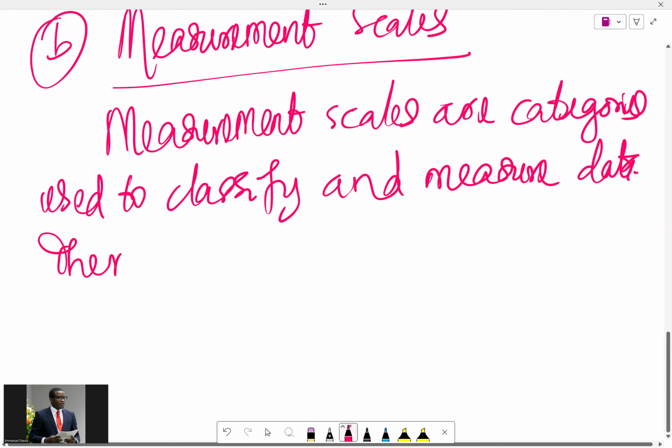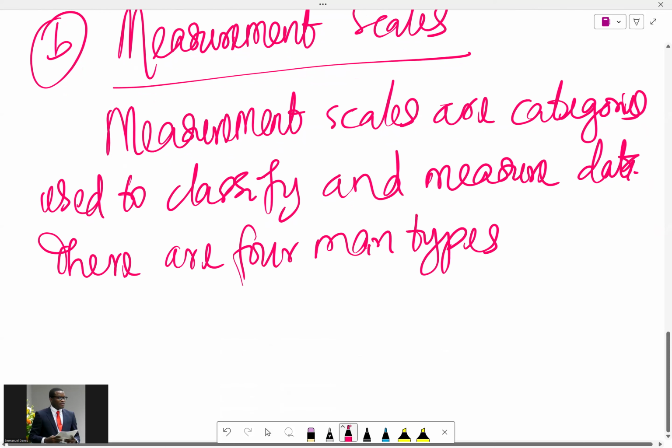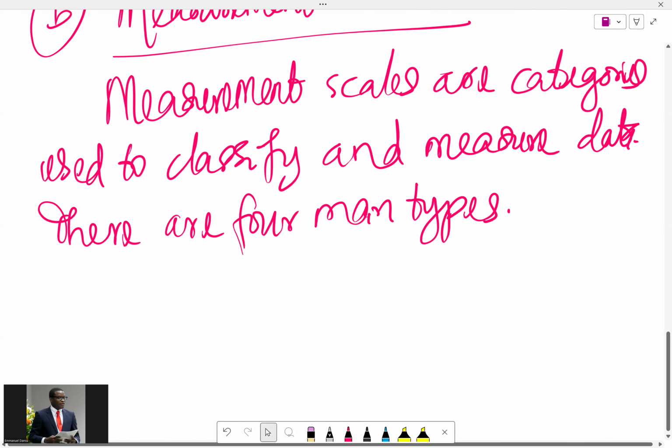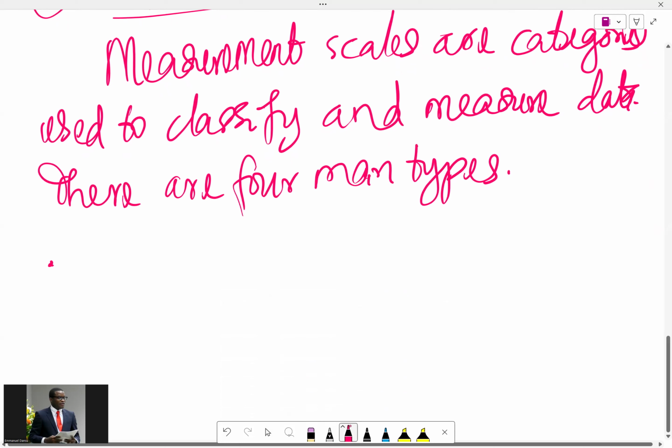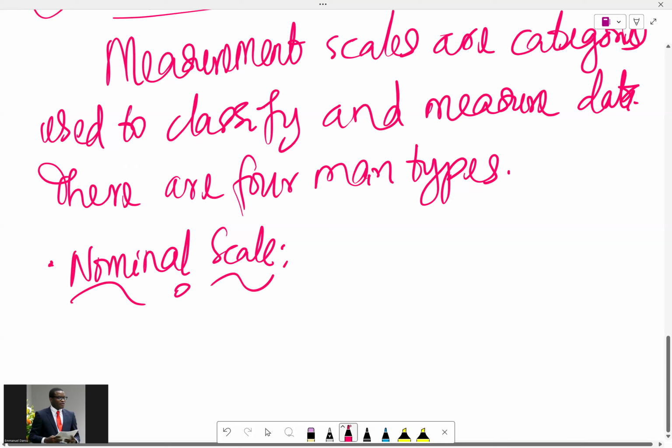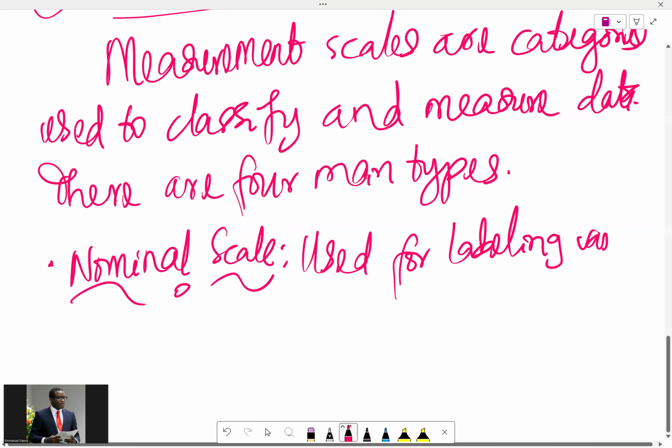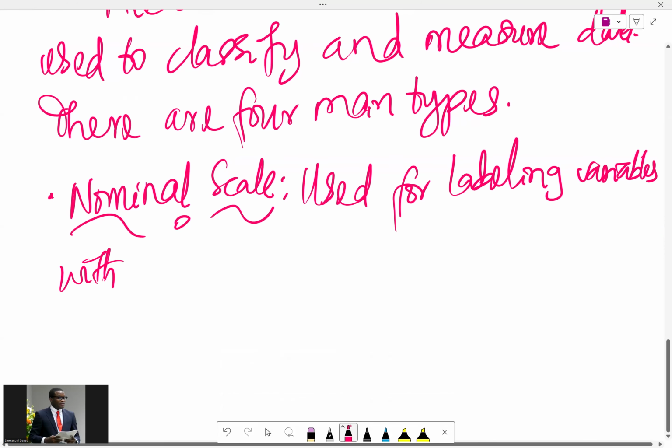And there are four main types. So the first is the nominal scale. This is used for labeling variables without quantitative value.